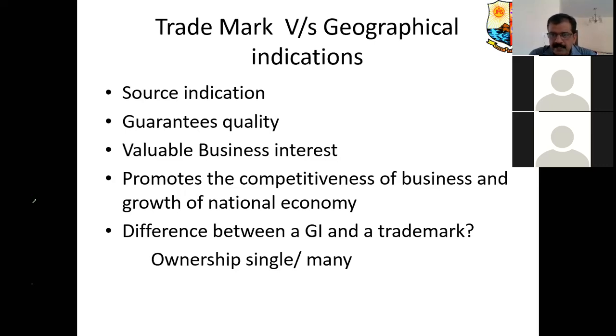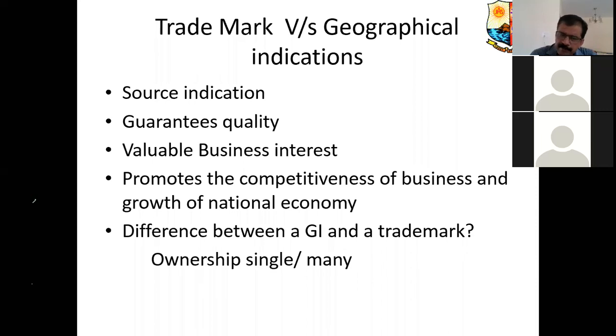If it is not registered under GI, then any other low quality product also can be brought under that and sold in that name. Therefore, it is as good as or as important as the trademark. For a company, a trademark is important. Similarly, for a product, GI is also important.